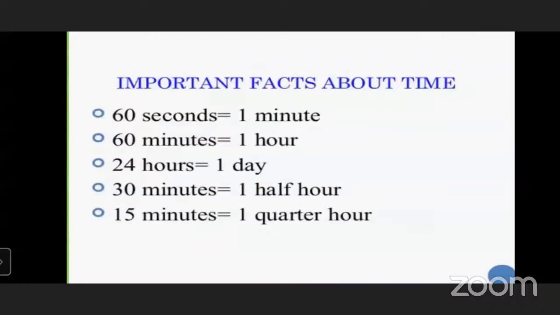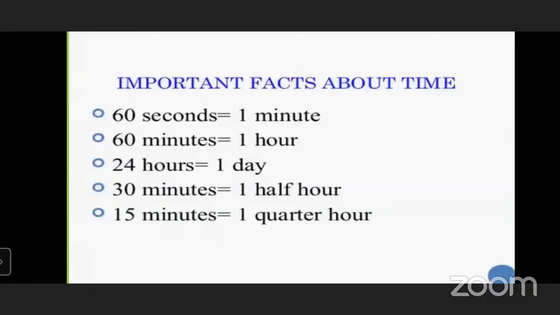Okay. So again we have to take one revision so you can understand better. After this session you have to read your chapter in your book so you can understand how to read time. Practice it in day to day life so you become familiar with it. Whenever someone asks what's the time, don't say 7:30 or 7:45.